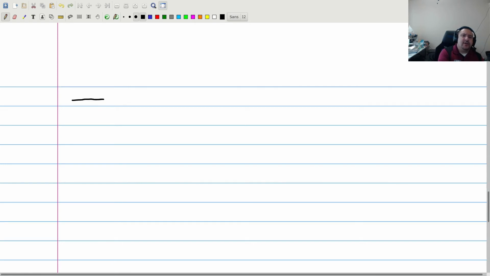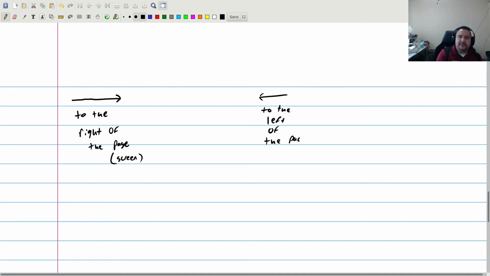So let's call this to the right of the page. Or maybe it's my screen, so to the right of the screen. Okay, this way is going to be called to the left of the page or screen.